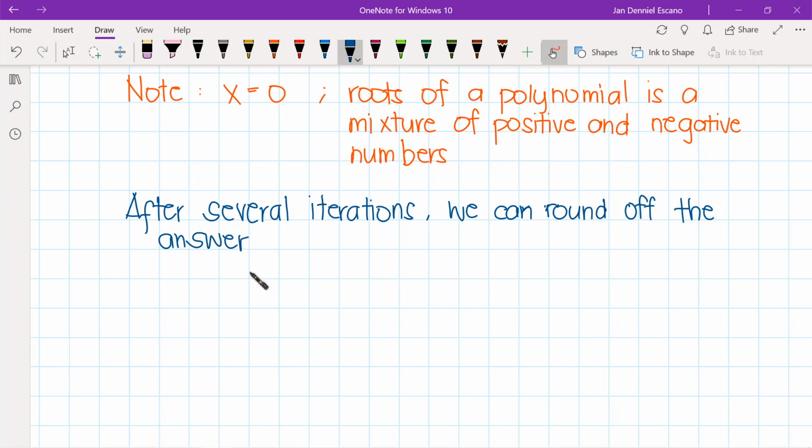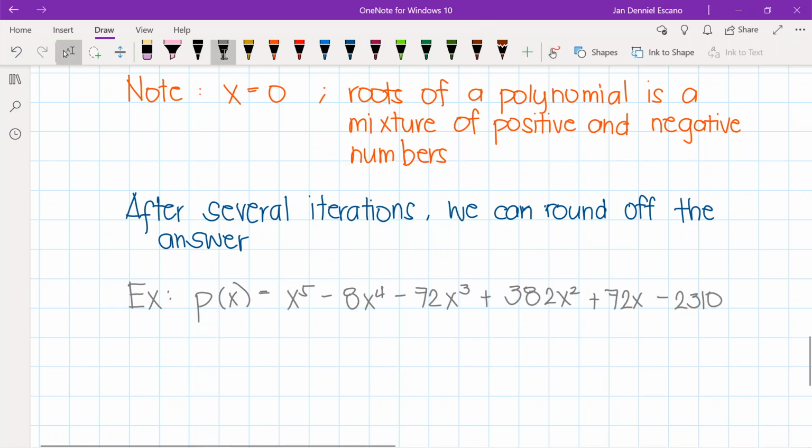Okay, so let's give an example of a polynomial. So p of x is equal to, say we are given this polynomial, x to the fifth minus 8x to the fourth minus 72x cubed plus 382x squared plus 72x minus 2310.